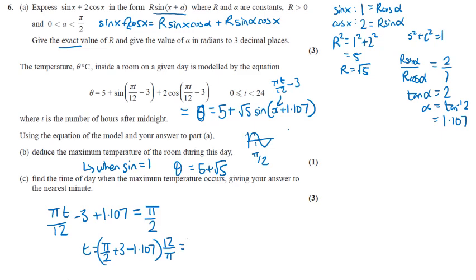And if we do that, we get an answer of 13.23. Now, the question says give the answer to the nearest minute, so we can't have a decimal fraction of an hour. So what we need to do is just convert that into minutes. So we take the 0.23 bit and we multiply it by 60, and that gives approximately 14. So the answer is 13 hours and 14 minutes.